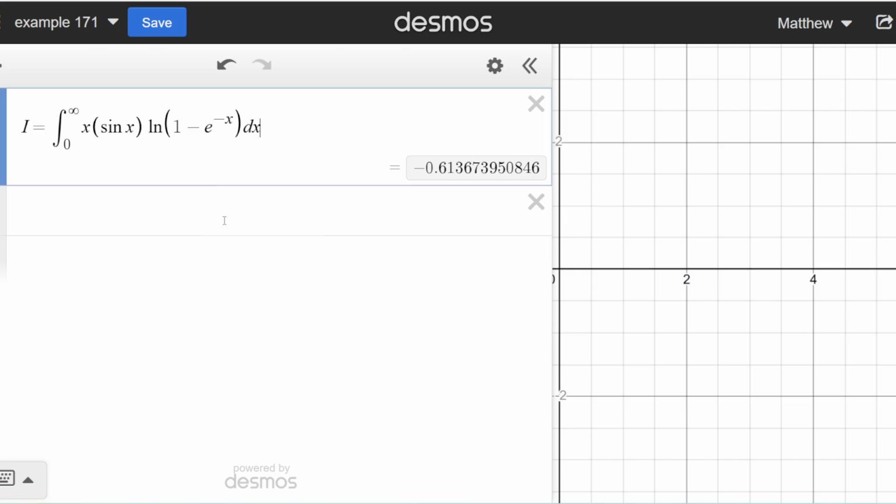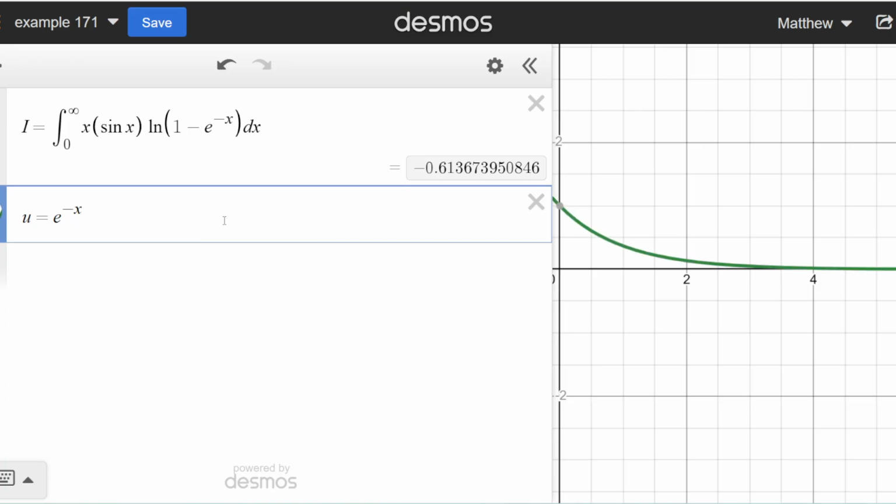So, I don't like working with exponentials, so right away, I think I'm just going to let u equal e to the negative x. That implies that du is equal to negative e to the negative x dx.